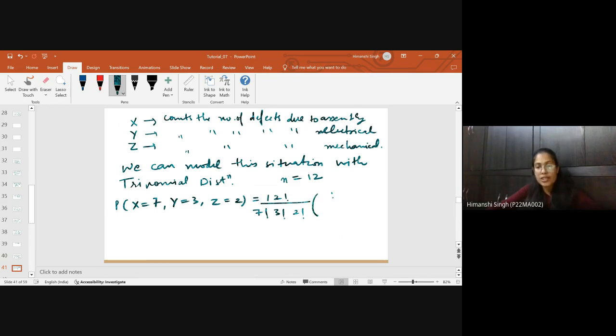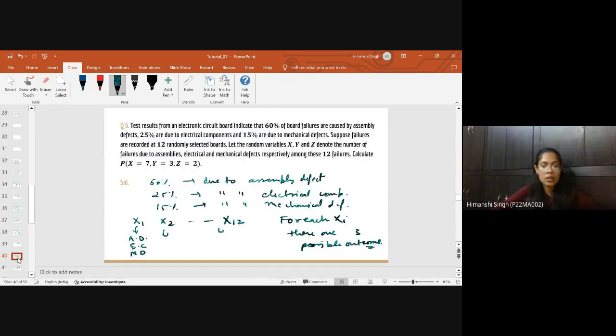Okay, then what is the probability for this outcome due to assembly? The probability is 60 by 100, which is nothing but 3 by 5.